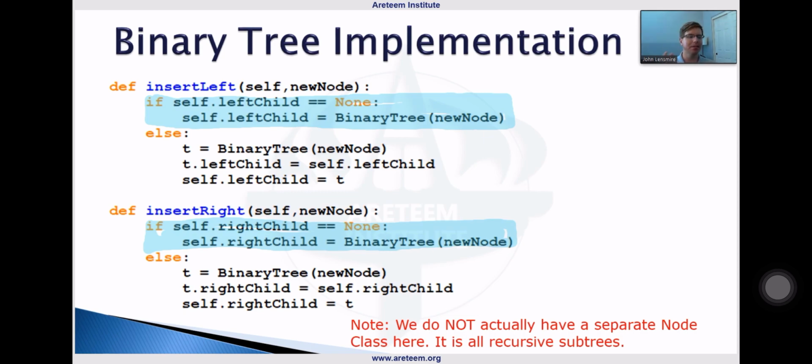Now, what happens if we're doing the insertion? Well, here again, a new binary tree is created in both cases. But then we have to keep the information we have so far and keep it stored.